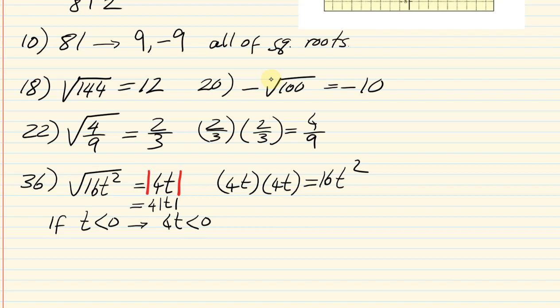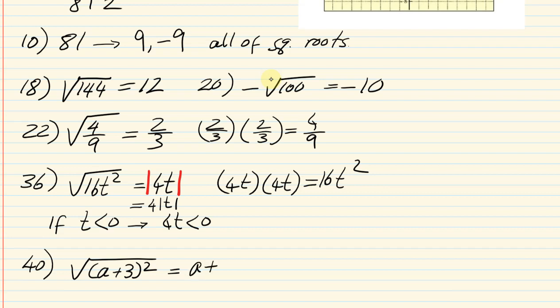Now, let's take a look at something like number 40. In number 40, we have square root of a plus 3 squared. And again, for this one, just like the previous one, square root of t squared was t. Well, square root of anything squared is itself, right?